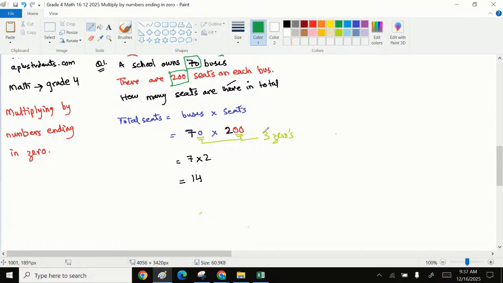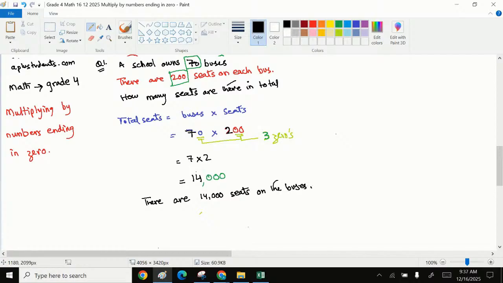And since it had 3 zeros over here, we add 3 zeros over here. Simply add the 3 zeros. So we can say that there are 14,000 seats on the buses, right?